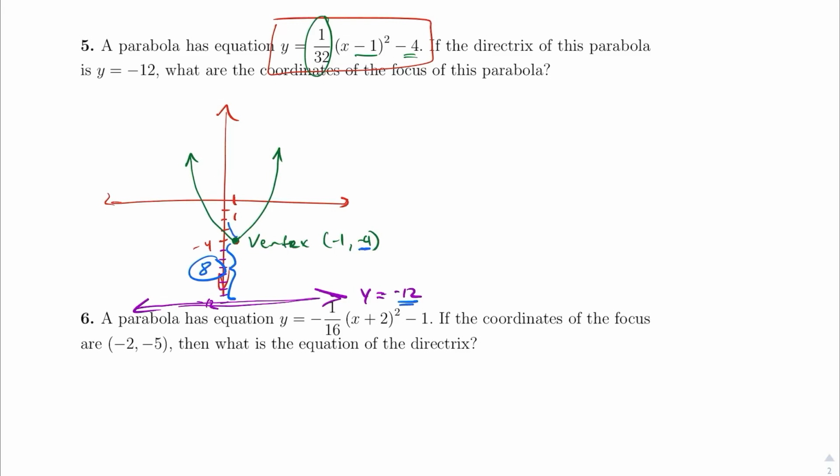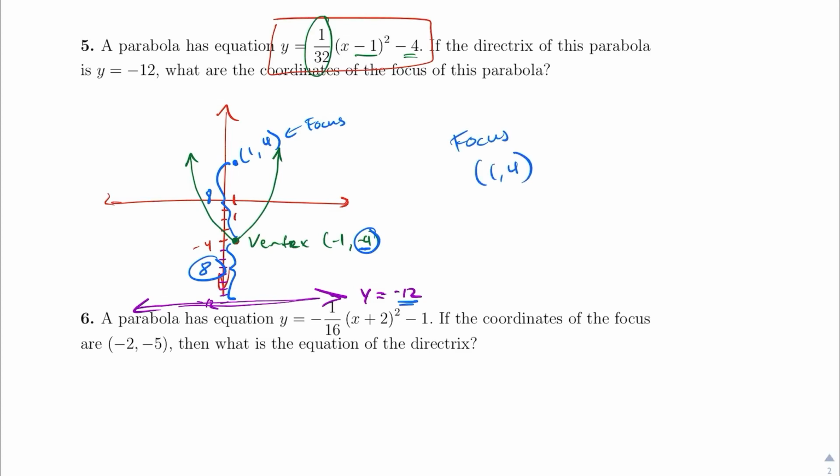And so we have to go 8 higher to get to the focus. 8 higher than negative 4 is 4, so (1, 4). All right, so the focus is right here at (1, 4).